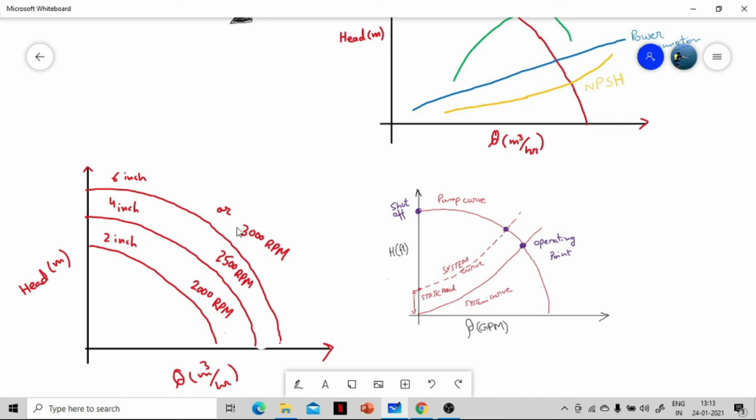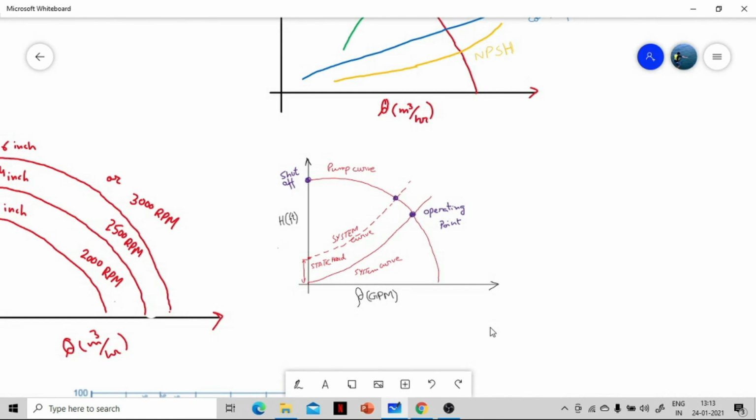Similarly, now in the markets there is also an option available for variable speed pumps. So for each speed they have a different pump curve, and at higher speed higher head, at lower speed lower head, and again the efficiency of a pump is higher at higher speed, but the power consumption also increases.